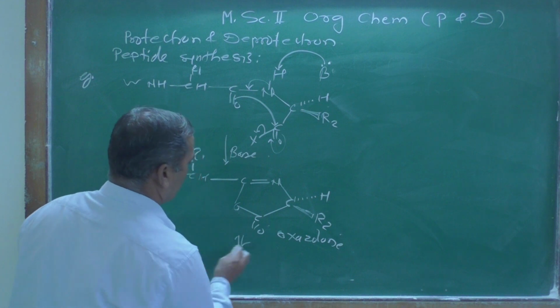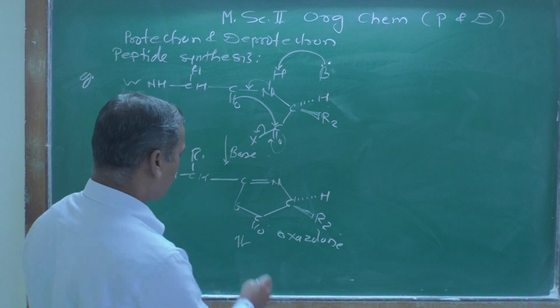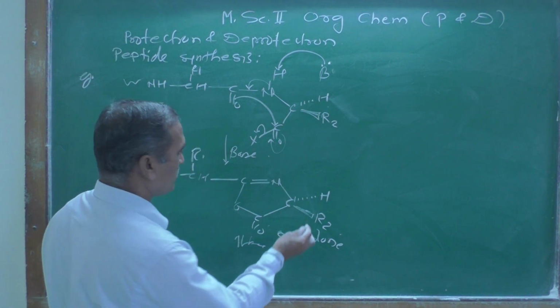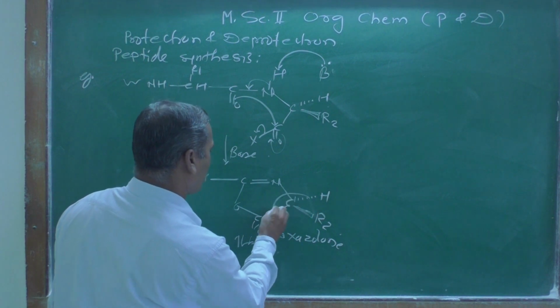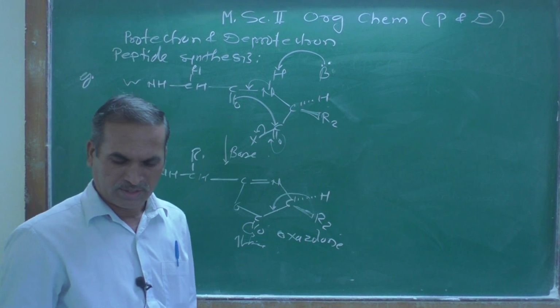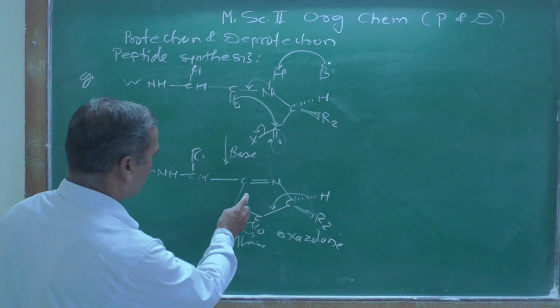In this case, a base is again used here. After using the base, this forms a double bond, with a negative charge on it, and we are going to get a racemic mixture.